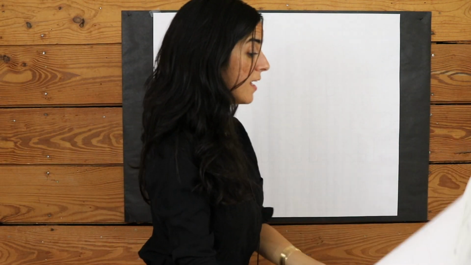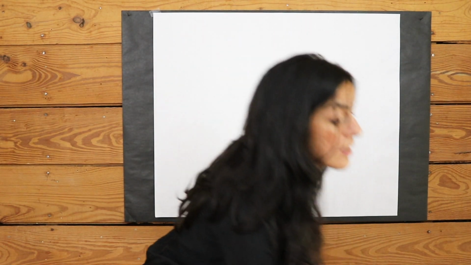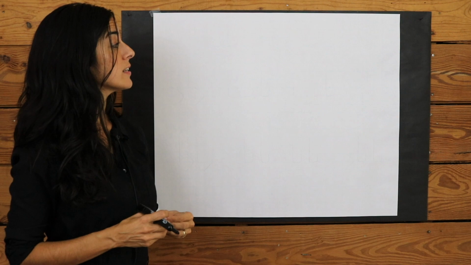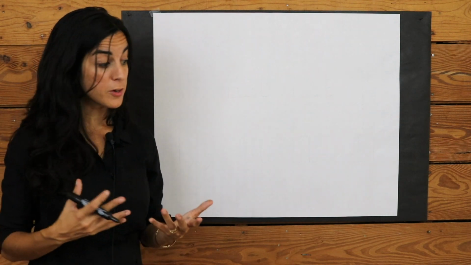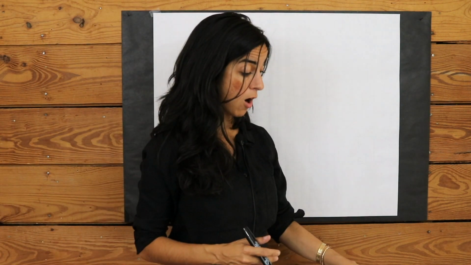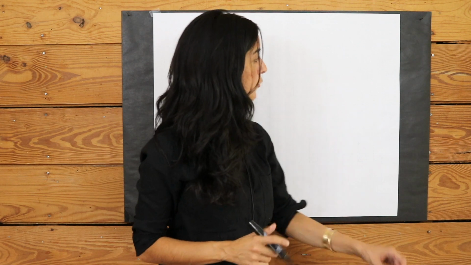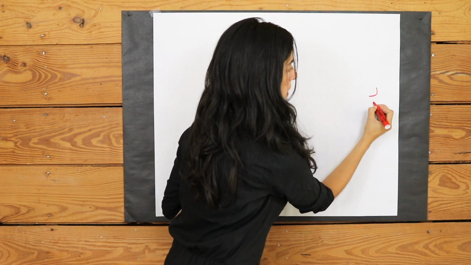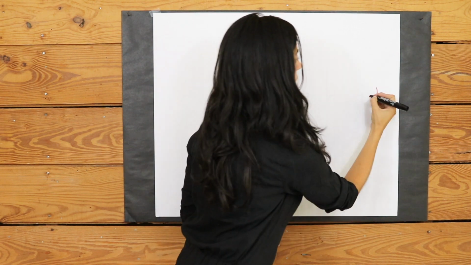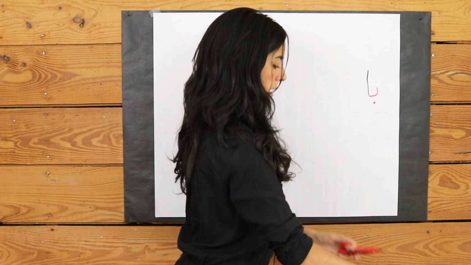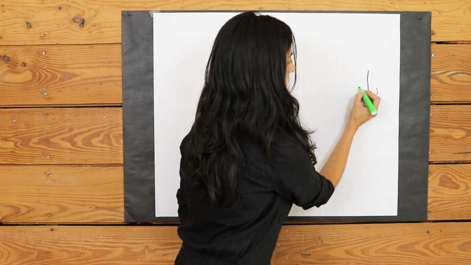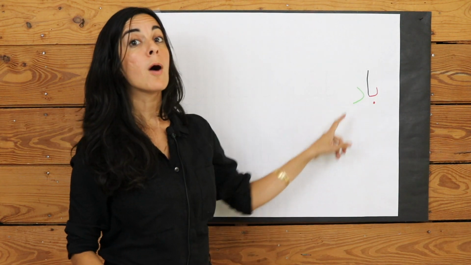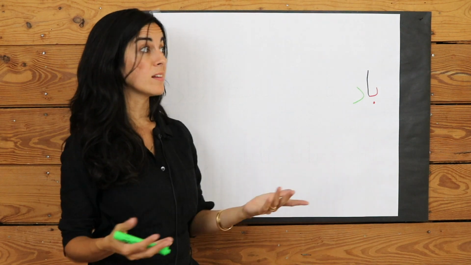So moving ahead, we're going to practice using the consonants that we know from this lesson and combining them in different configurations with that same a vowel. So first, a be and a a and a de becomes bad, and that means wind.